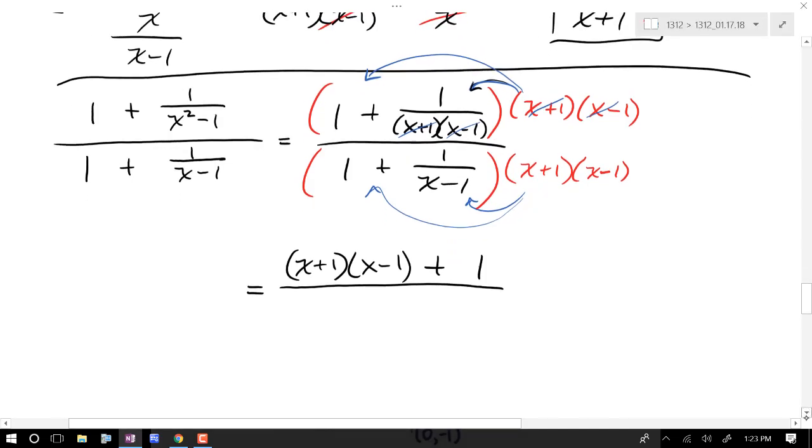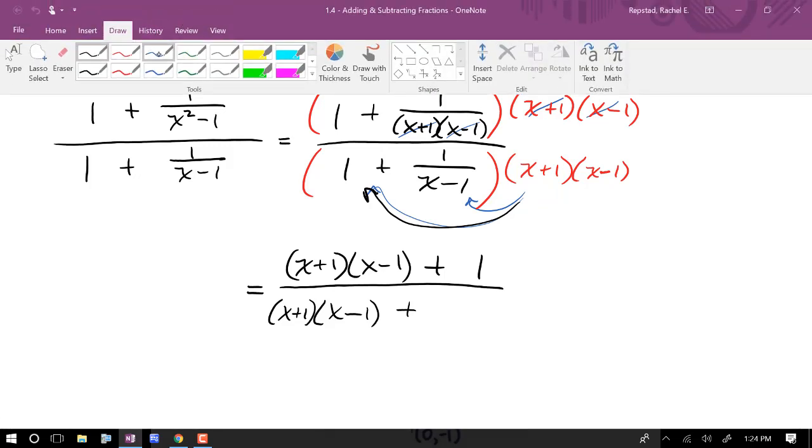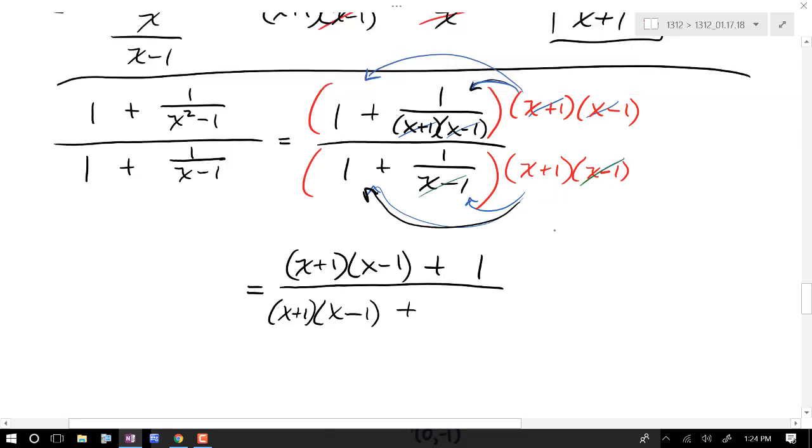What do we get on the bottom? Okay, well, we're going to distribute to the first term, right? So I'm going to distribute to the 1 here, so we get x plus 1 times x minus 1. And then we end up with x plus 1, because the x minus 1s will cancel when I distribute this to this fraction.